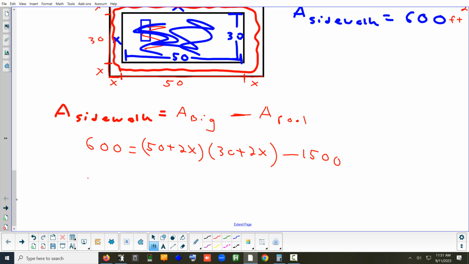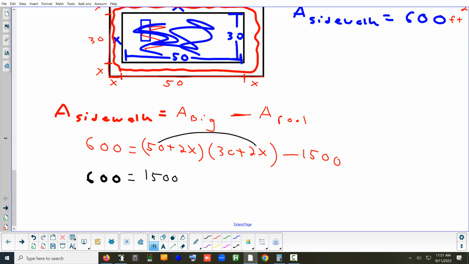Now, we just have to do out that equation and solve for x. Okay, so we've got to FOIL the two sets of parentheses. When we FOIL that, 50 times 30 gives me how much? 1,500.